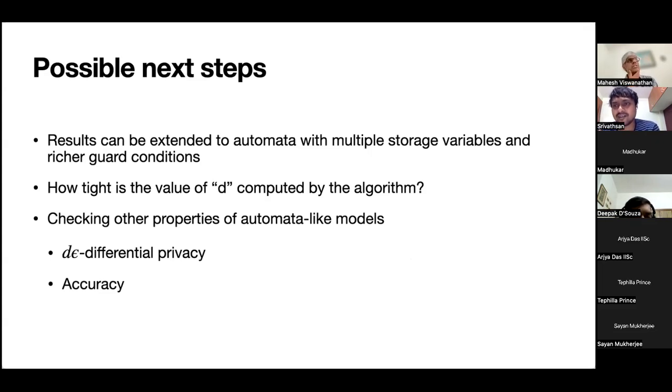Yes, so for example, there are approaches where you take a program and code what it means for the program to be differentially private as a formula. That formula, because of the definition of differential privacy, is going to involve exponentials.